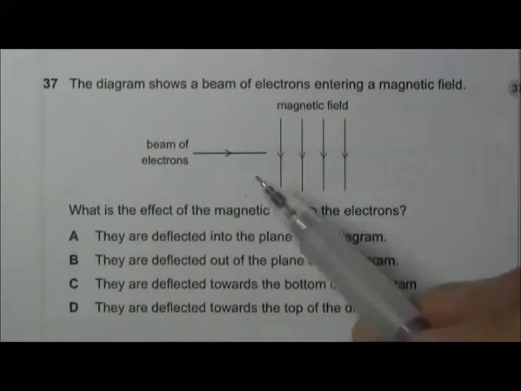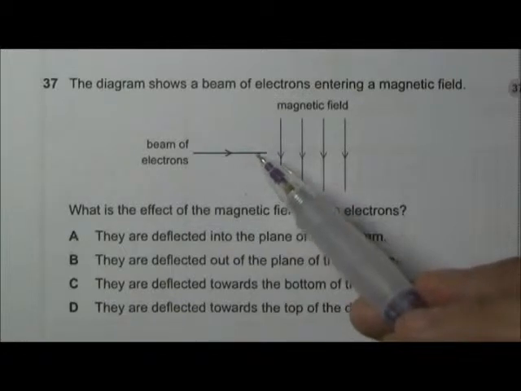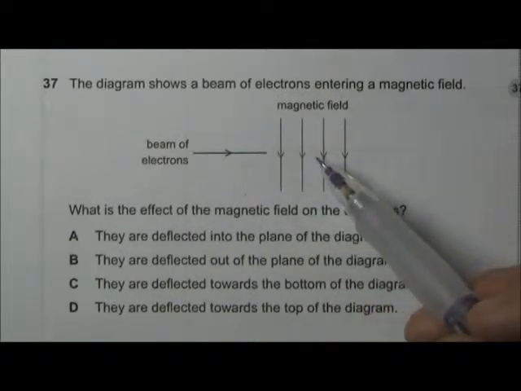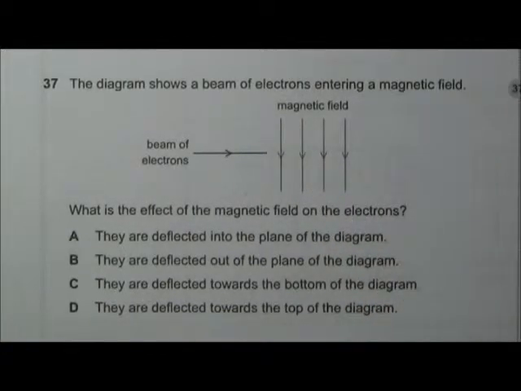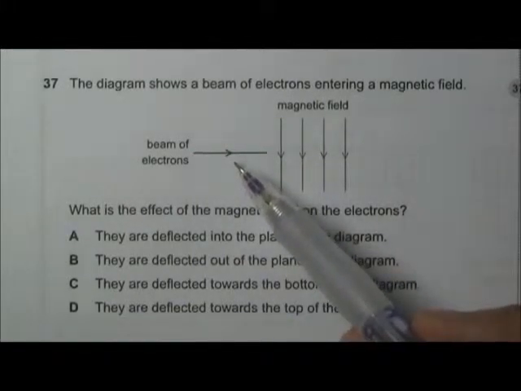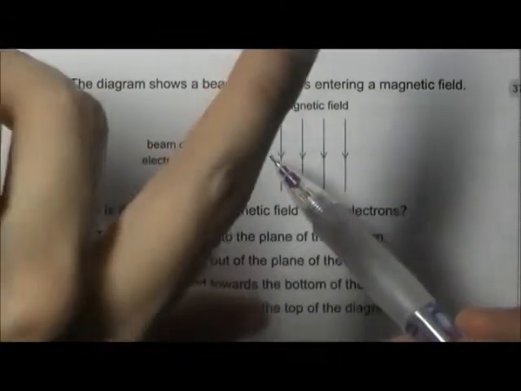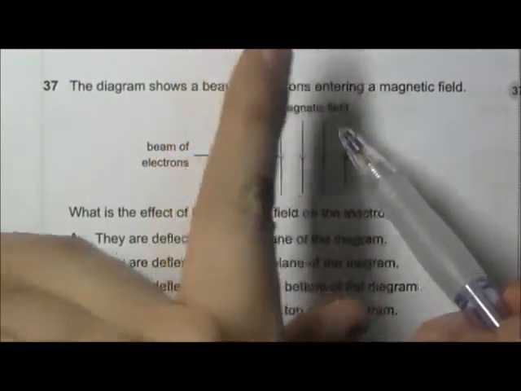Okay, we have a beam of electrons that is entering a magnetic field region. So what is the effect of the magnetic field on the electrons? You can use Fleming's left-hand rule. Since the direction of the electrons is to the right, that means the current is going to the left, and the magnetic field is pointing downwards.